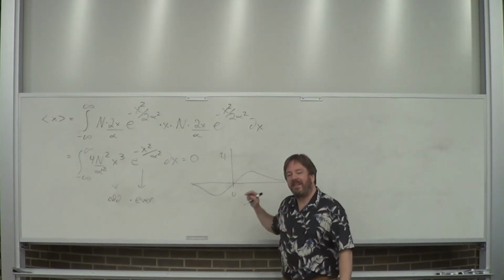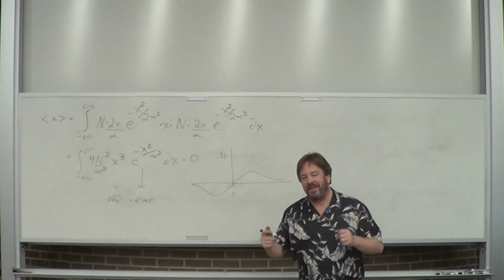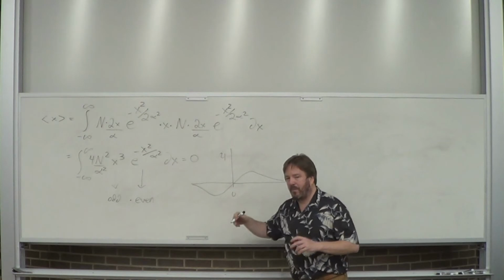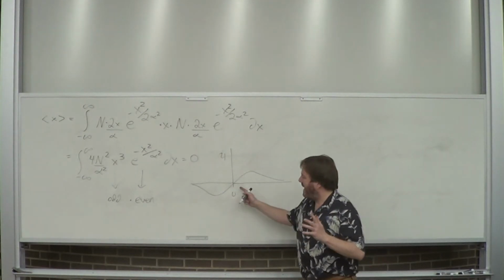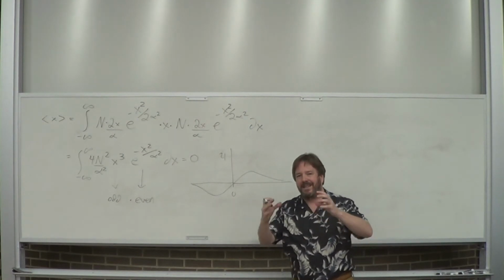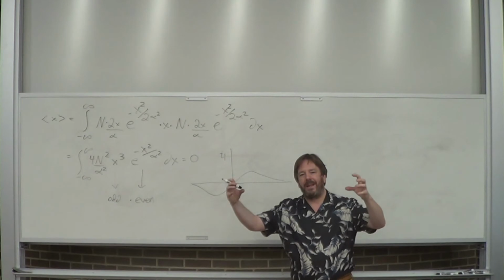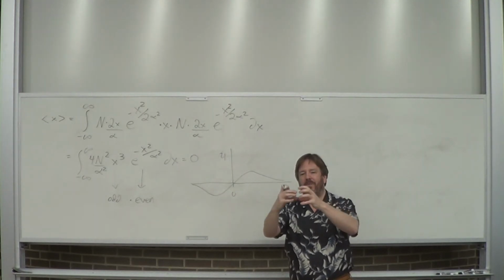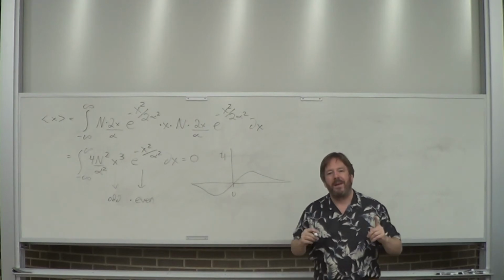The wave function has a node at x equals 0. Now, remember, that's the equilibrium distance. Since the square of this is the probability, it says that in the first excited state, the bond is never at its equilibrium point. It's always either too far or too close, but it's never there. The probability of being at your equilibrium point is 0.